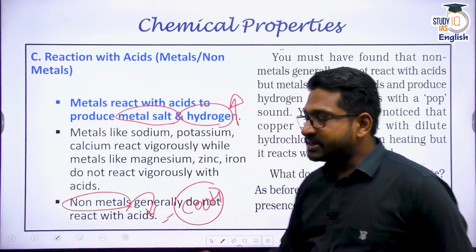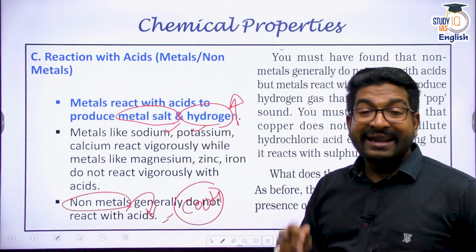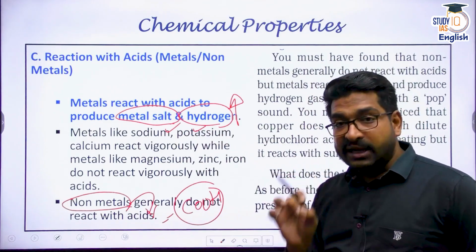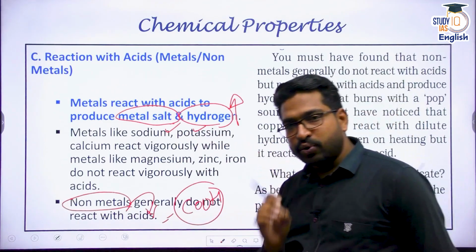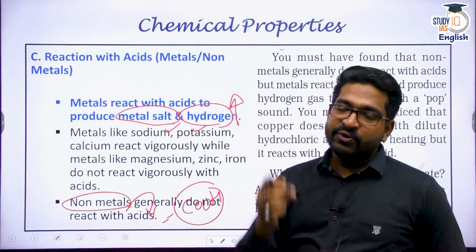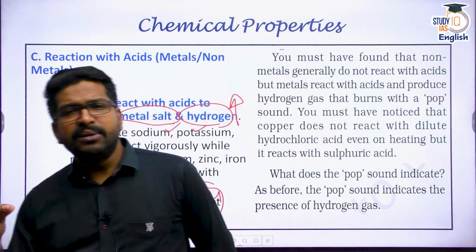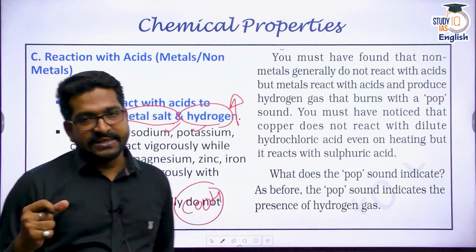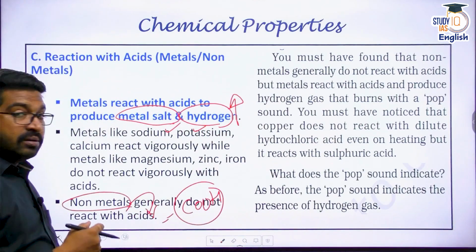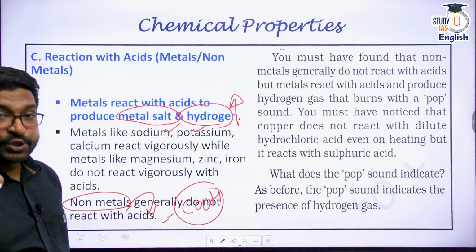For example, metals like sodium, potassium, they react very vigorously. Even with dilute acid, even if there is a dilute hydrochloric acid or dilute sulfuric acid, sodium and potassium, calcium, lithium, they immediately react with these acids. But some metals, they need strong acids only.